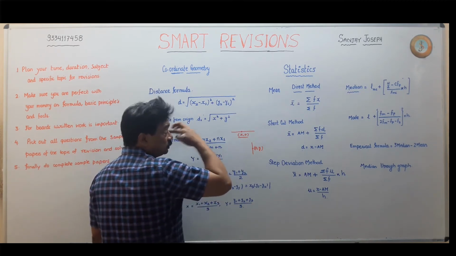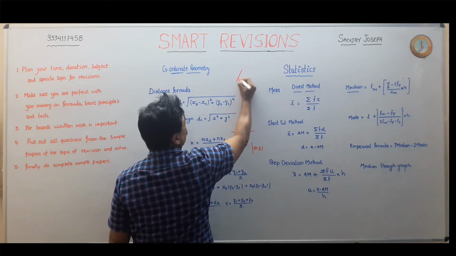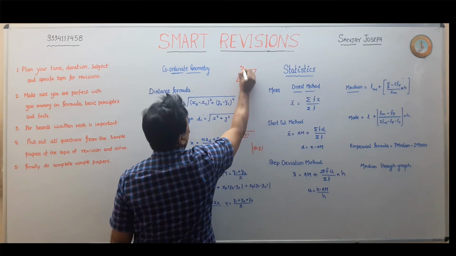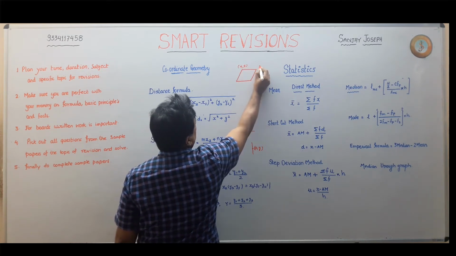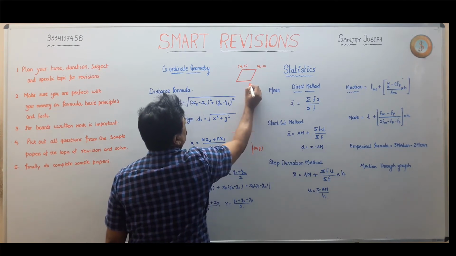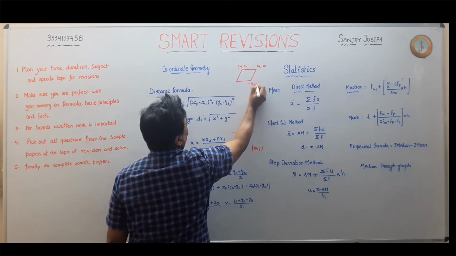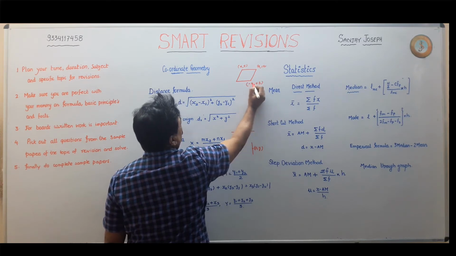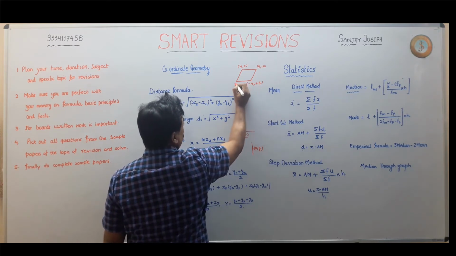But for concept questions they can give you, okay, there is a parallelogram whose coordinates I will just roughly write: 4, 5, then here it can be 9, 10, here it can be -4, -3, and so on. Then you have to find out the unknown coordinate.